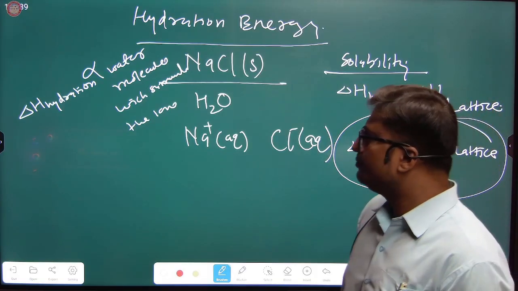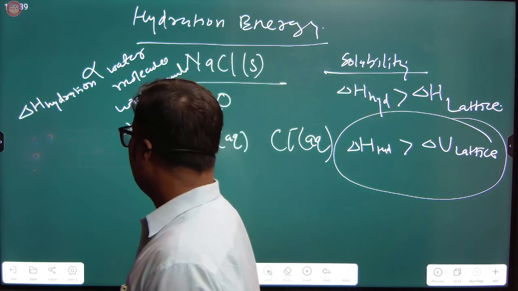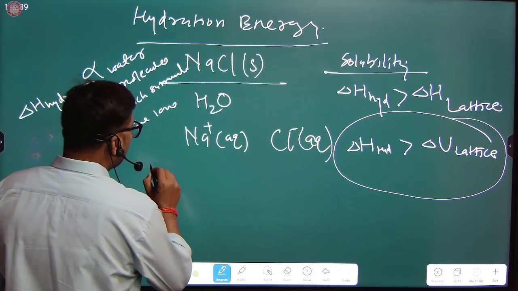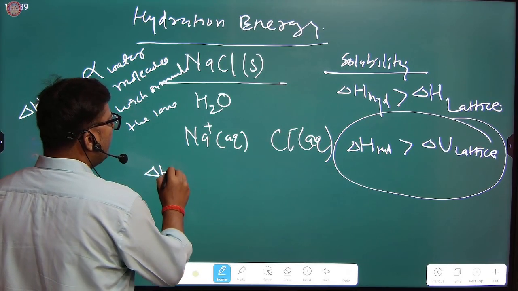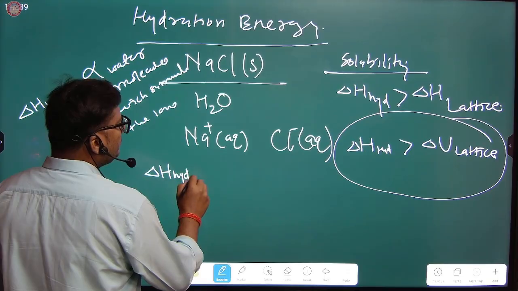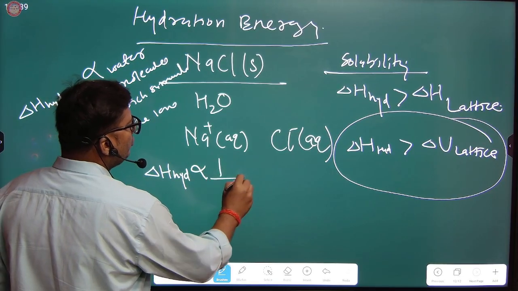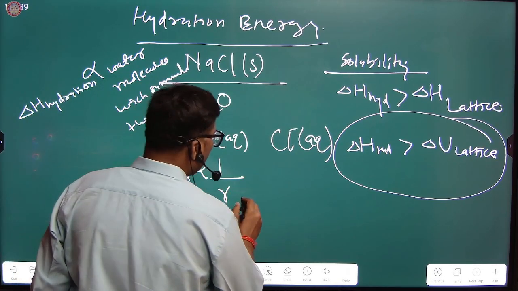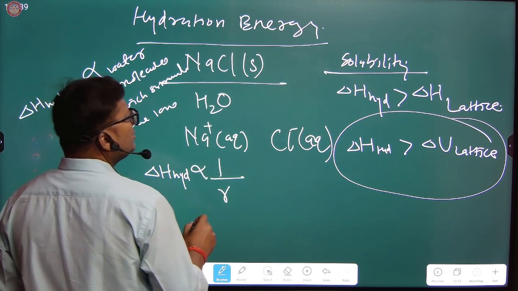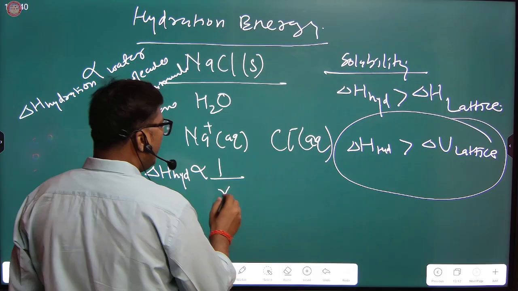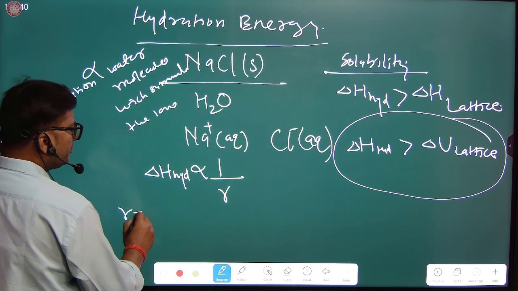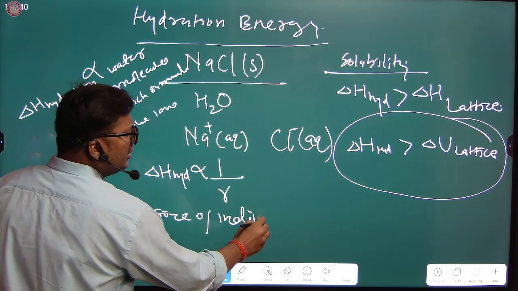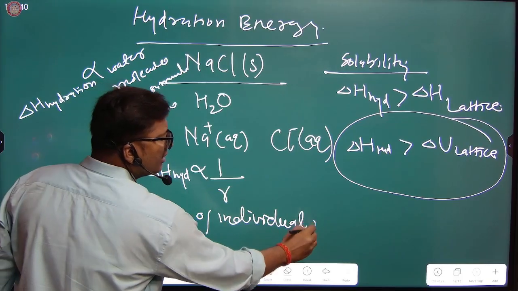So in this way, hydration energy depends on the size of the individual ions. Delta H hydration is proportional to 1 upon R, right? R may be either the size of the cation or anion, so R is the size of the individual ions.